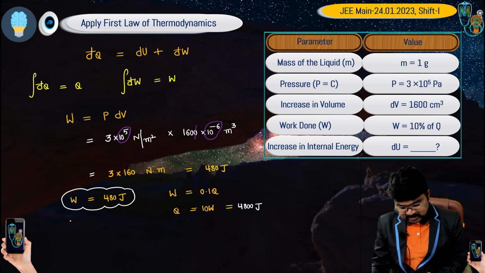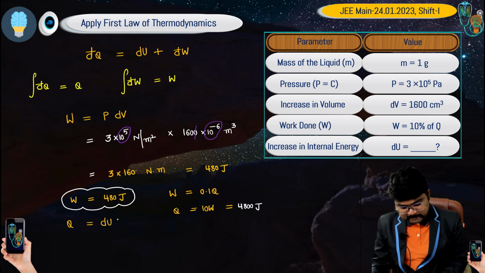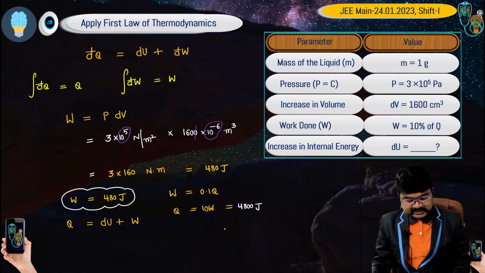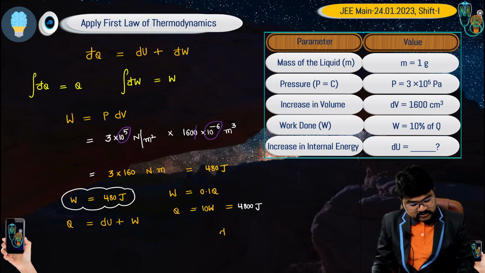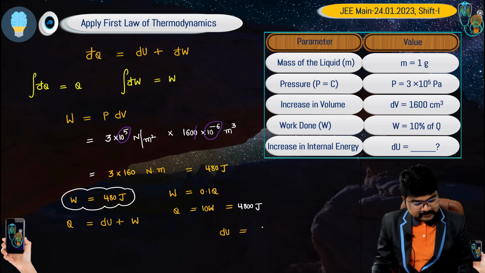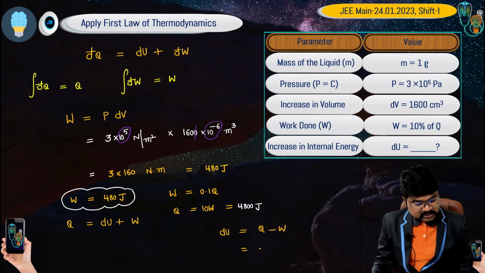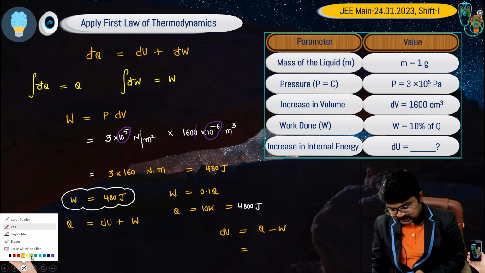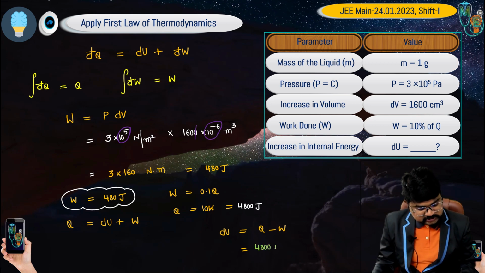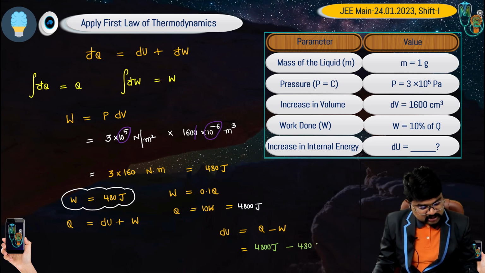Q, basic form, Q equal to Du plus total work done. Total work done, total heat transfer. Finally, Du equals the change in internal energy. So that is nothing but Q minus W. What is the Q here? 4800 joules minus work done 480 joule.